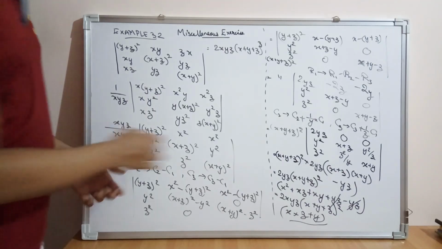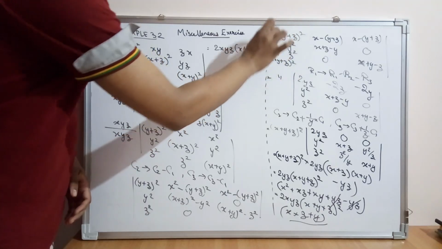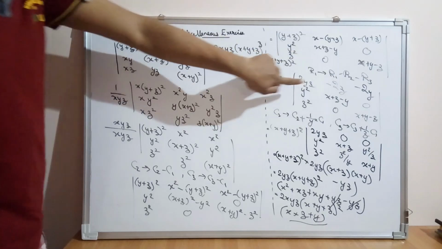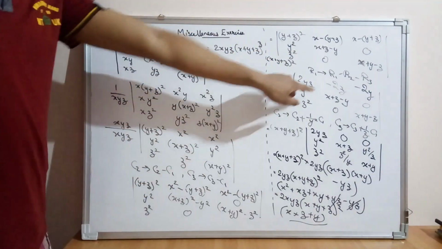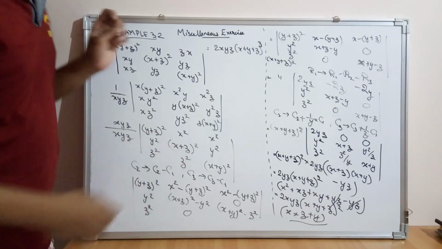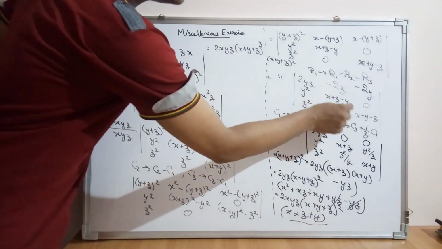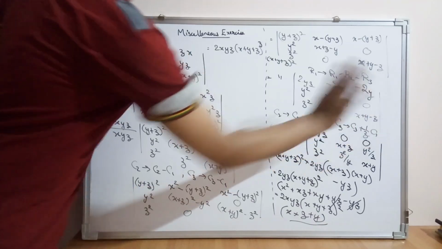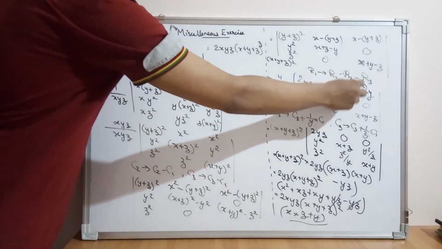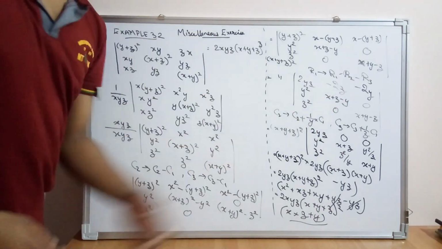So somehow I wanted to simplify the first column. In order to do that, I did this operation. While doing that operation, even these two terms I got, that is a simpler one. The next thing was I wanted to remove this minus y and minus z, or in other terms I can also tell that I wanted to remove this, that is minus 2z and minus 2y.